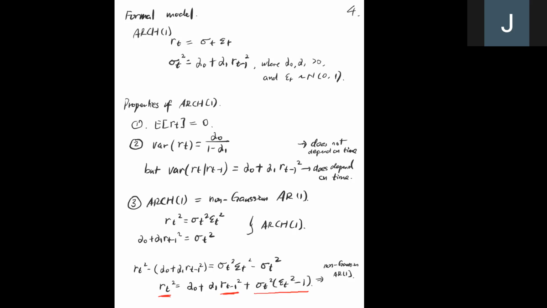This is a non-normal white noise. But certainly it follows this AR(1) setup, which means that the properties that we have for the AR(1), for example the range of the coefficient, also apply here to alpha_1.